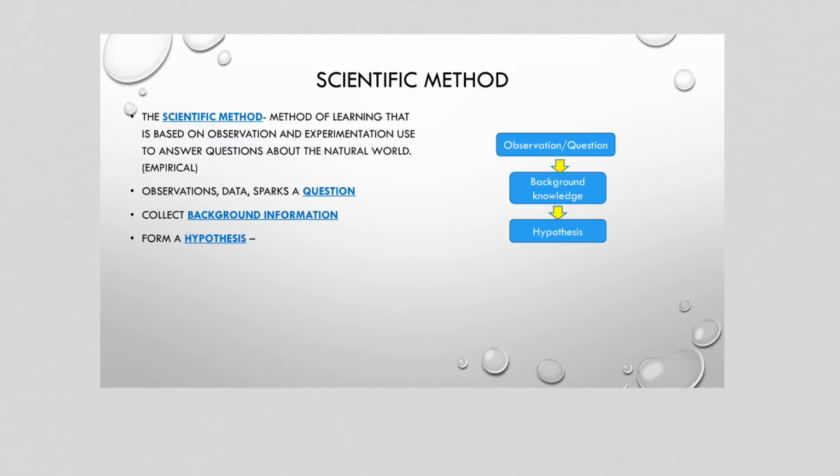And so hypothesis can be defined in a lot of different specific ways, but basically it is a tentative answer to the question. Now, a good hypothesis must be testable, right?